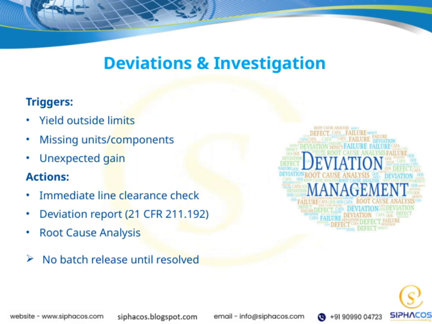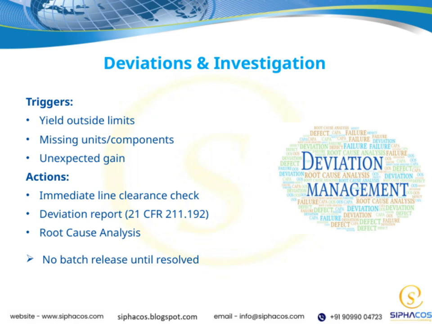The actions we take start with an immediate line clearance check to ensure the equipment and environment are still within acceptable parameters. Next, we complete a deviation report in accordance with 21 CFR 211.192, which helps us document what happened and supports compliance. Finally, conducting a root cause analysis is essential to identify the underlying issue.